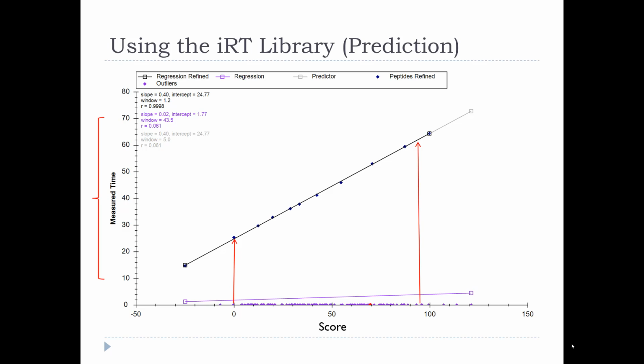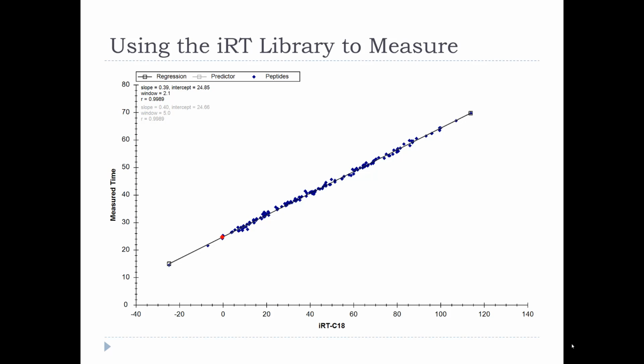That will give me this equation. And then I can take these scores as X values and predict into the retention time space, because, right, this is measured on my new column. I can now predict where all these other peptides are going to fall in the measured time space. That's what that looks like.